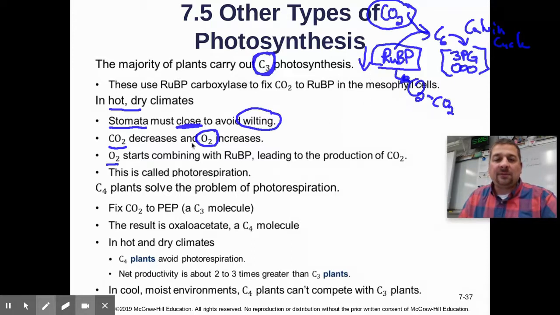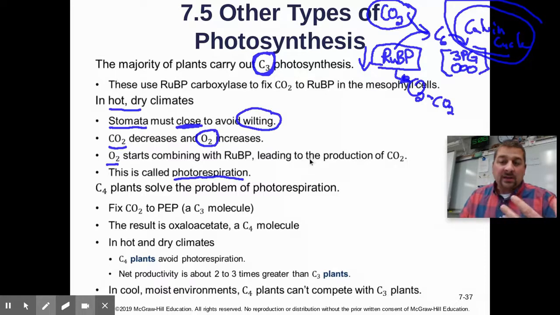And this is called photorespiration, and it really bogs down and slows down the Calvin cycle. But plants need to do that so they don't dry up. There are some plants that have evolved a way of doing C4 photosynthesis. Now, what they're going to do is take CO2 and fix it to PEP, which is a C3 molecule.